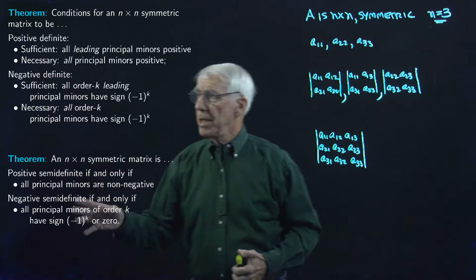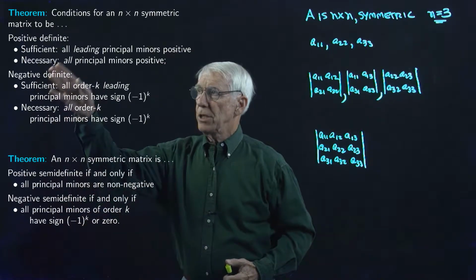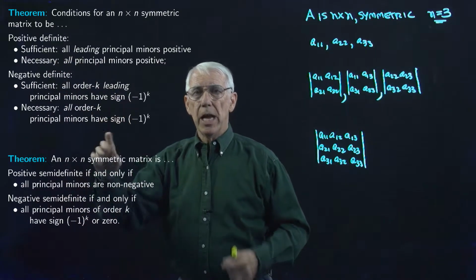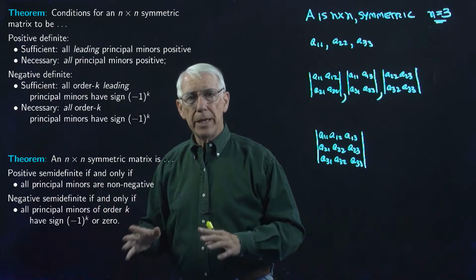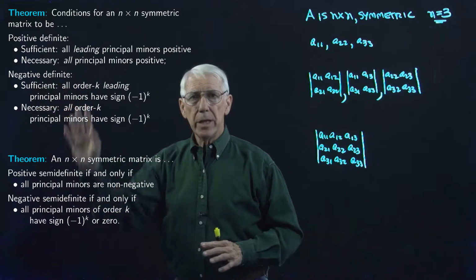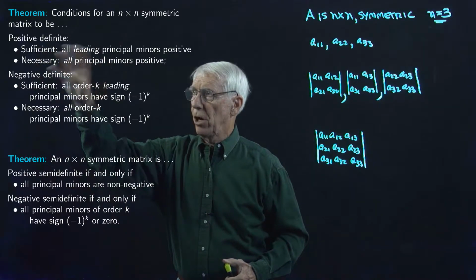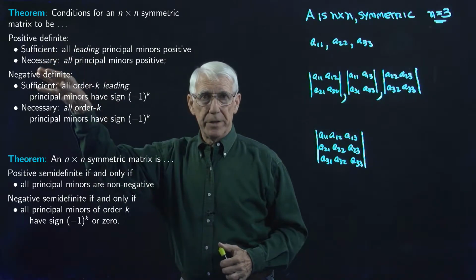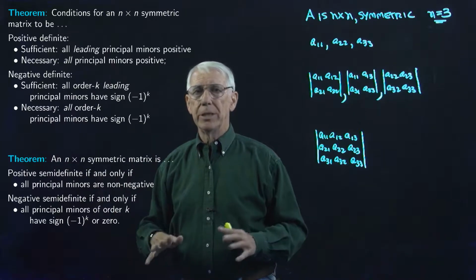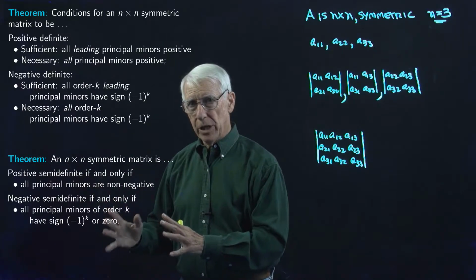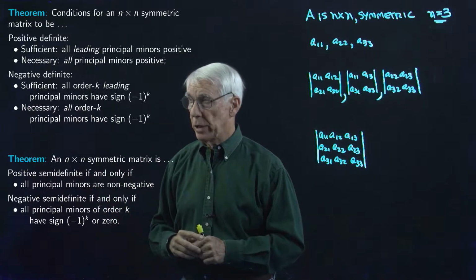And note how that's different from the case of positive definiteness, just like in the n equals 2 case. Everything we're doing here, just like we said a few moments ago for the positive and negative definite case, is obviously a generalization of what we did in the n equals 2 case.